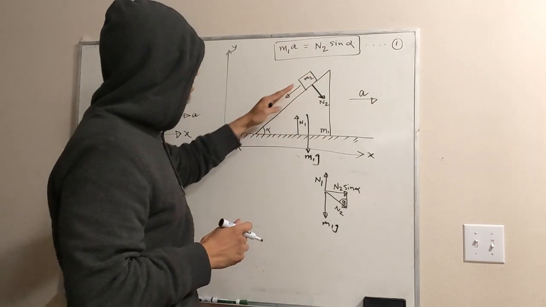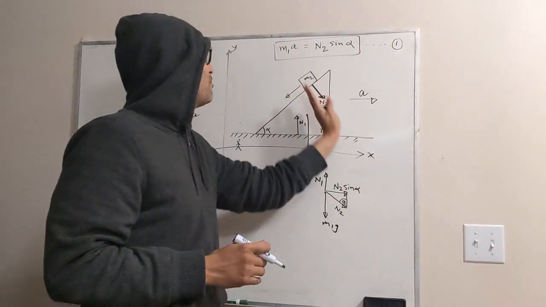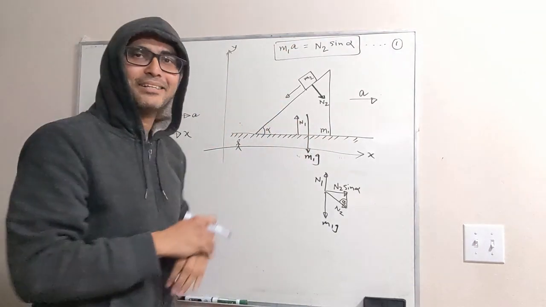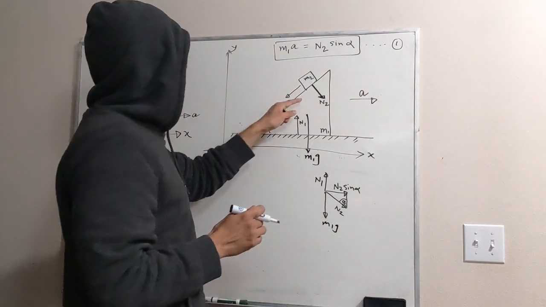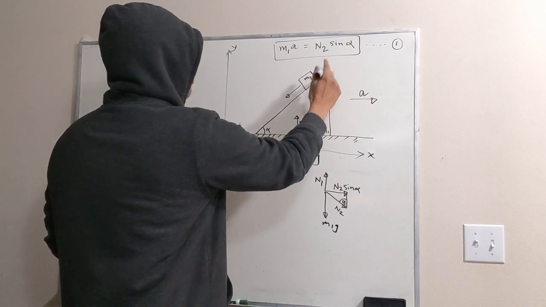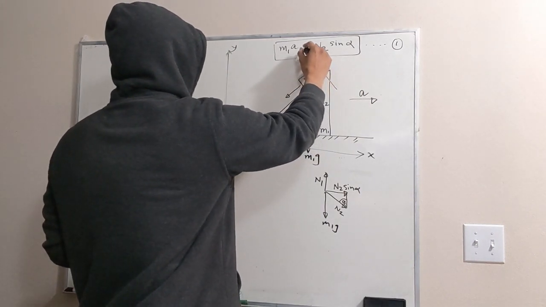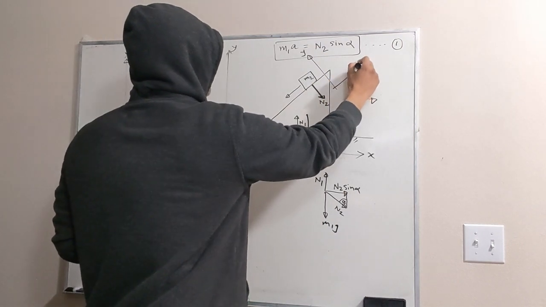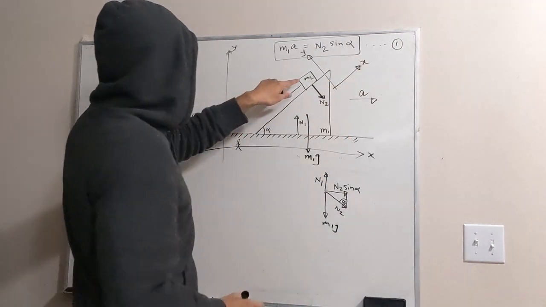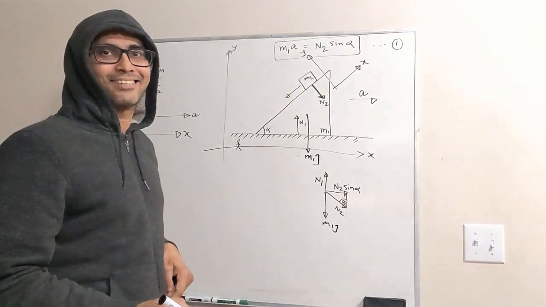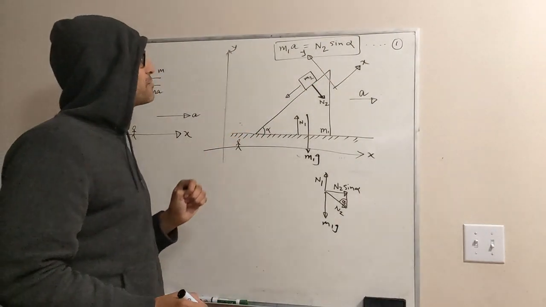It is just moving in this direction. No other motion. So you can think as if this is your x axis and this is your y axis. See how it simplifies the problem.